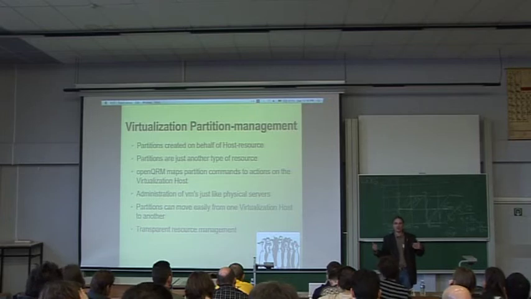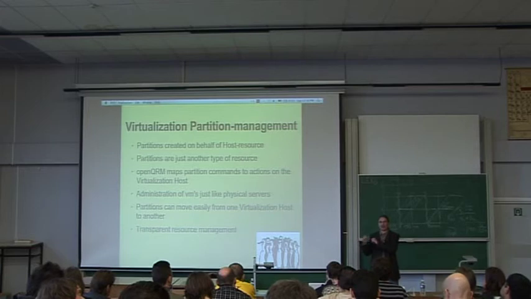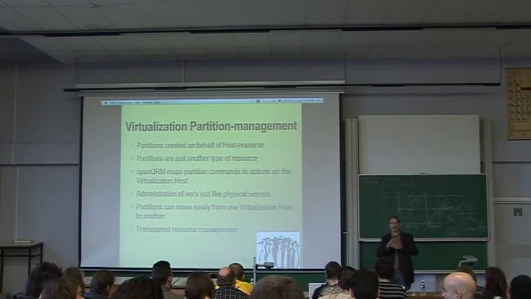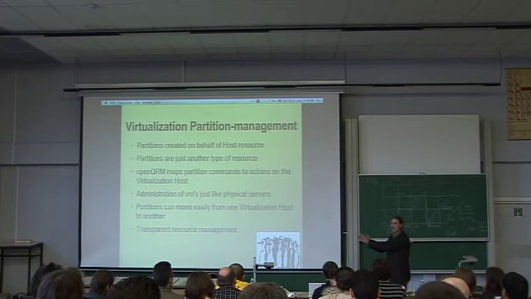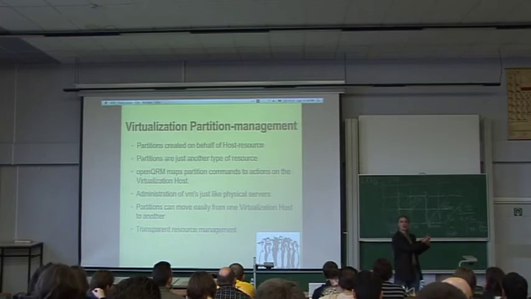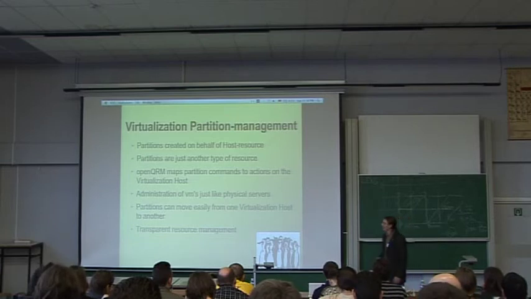We don't have to move a VMDK to a Xen block device or extract the root file system of a VMDK to be able to run it on Linux vServer. We just have server images over here and resources over there. And resources can be physical or virtual. openqrm just manages the rest.